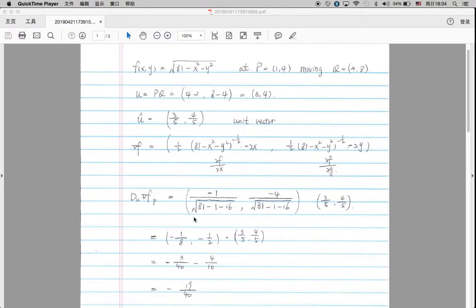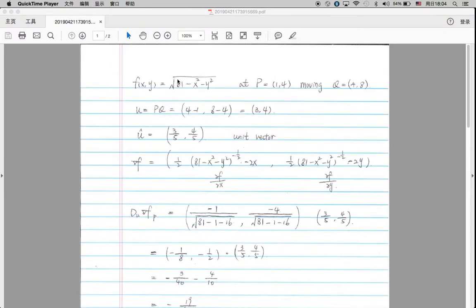Now let's calculate the gradient of our function f of x and y, which is just taking df/dx and also df/dy. I'll just give you the solution. This is the gradient of our function f of x and y.